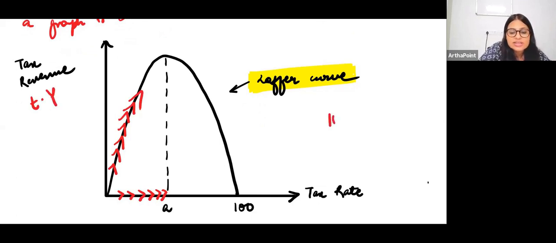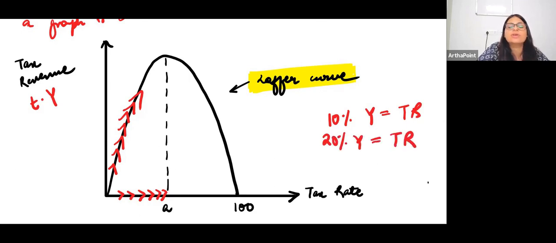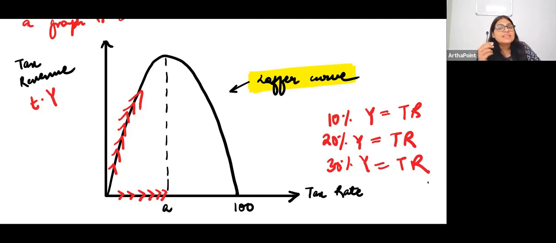If you are collecting 10% of your income, you're collecting a particular tax revenue. When you collect 20% of your income, you're collecting a particular tax revenue. When you collect 30% of your income, that becomes your tax revenue. So he said that as you increase your tax rate, the revenue will initially increase. It will reach a maximum.